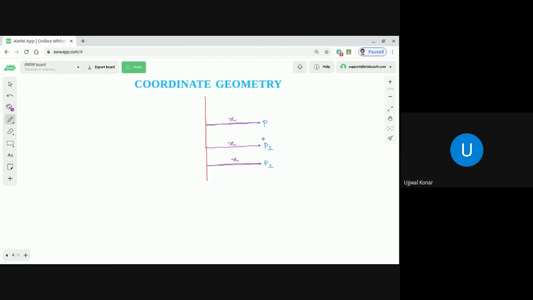That means from the point P you draw a perpendicular to the red line. From P1, you draw a perpendicular to that same red line. From P2, you draw a perpendicular to the same red line. Then we are not able to uniquely position that point P.